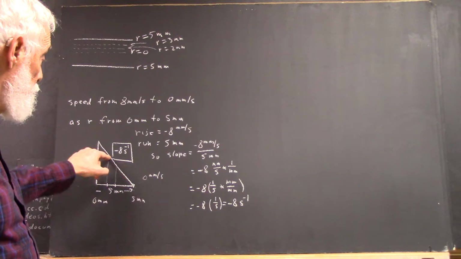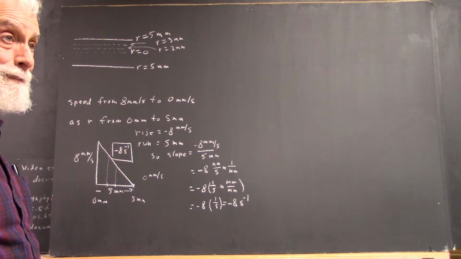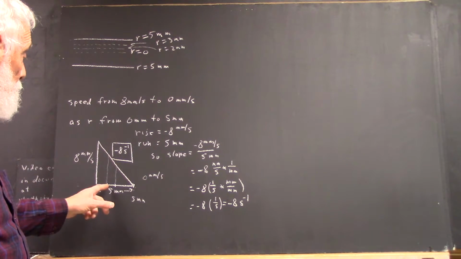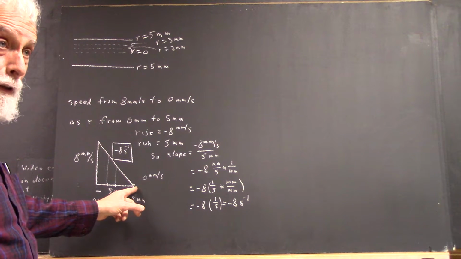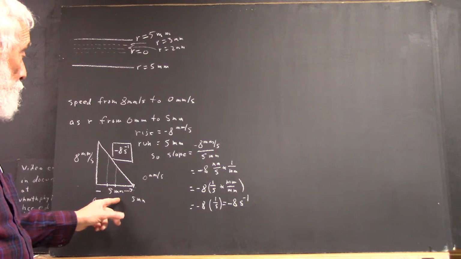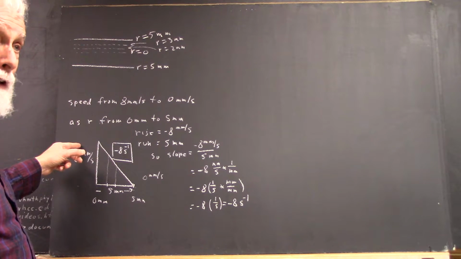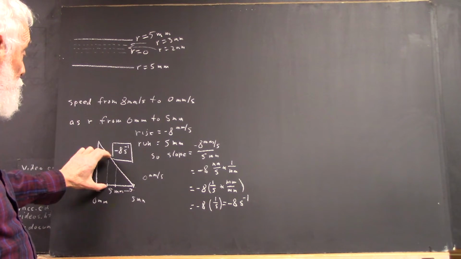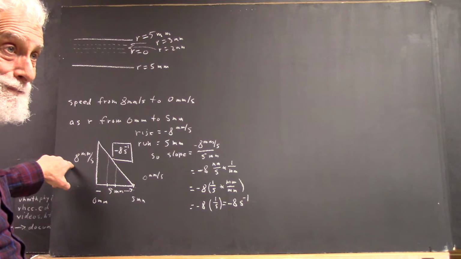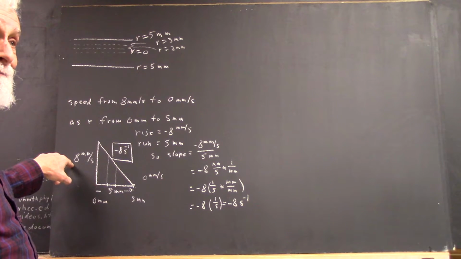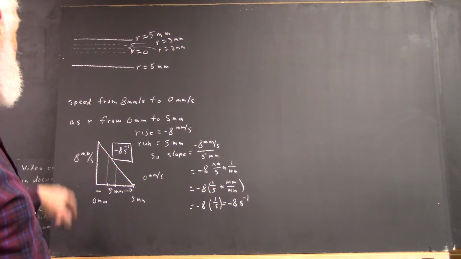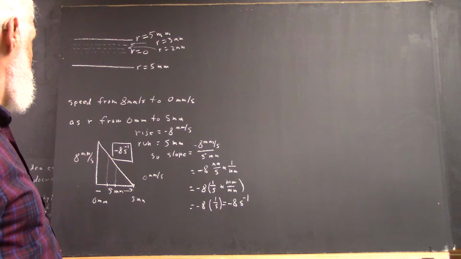This triangle here is similar to the big triangle, but its base is only 3 millimeters, so it's going to be 3/5 the dimensions of this triangle, right? Which means that this is going to be 3/5 of 8, 24/5, 4.2.